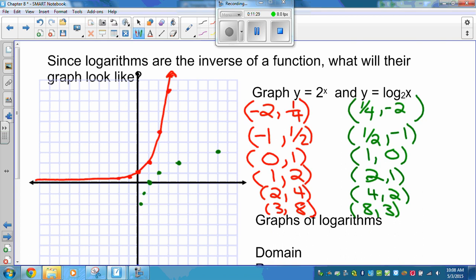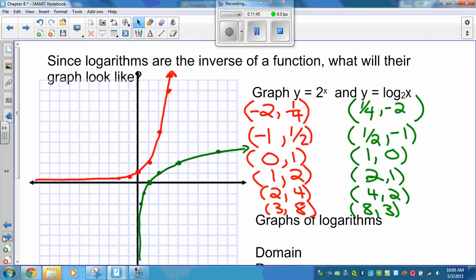Okay, so you can see that this graph gets really close here. It crosses the x-axis, y equals 0, x equals 1, and then it starts growing.